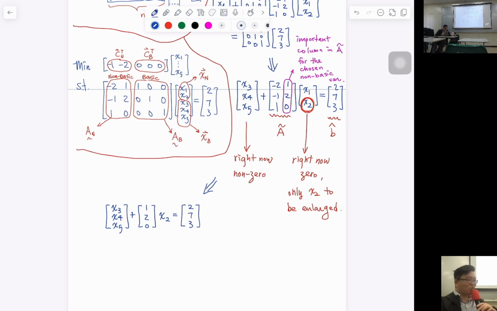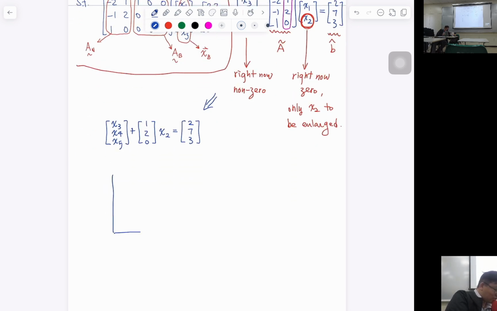You don't care about x1 anymore. That's what's happening. Okay, so what are they? There are 3 different lines, 3 different linear equations. So let's make a figure about these 3 lines.